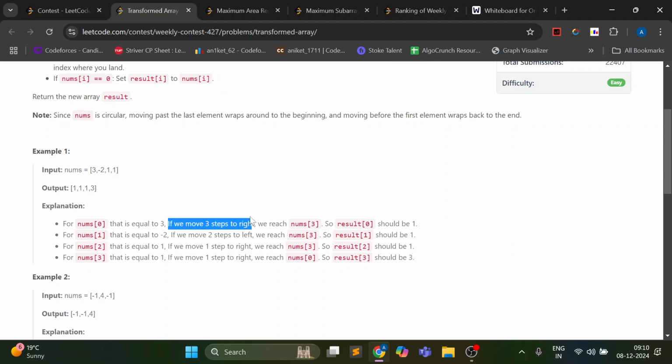If we move right 3 steps, we reach index 3, and the value of nums[3] is 1. So the new array's value at index 0 would be 1. Similarly, for nums[1], which is equal to -2, we move 2 steps to the left. One step would take us to index 0, and another step would take us to index 3, as it is a circular array.